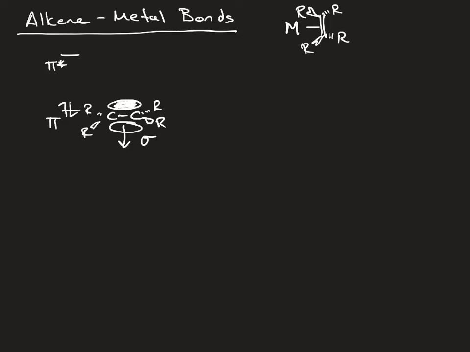Contrast the pi star, which looks like this, will accept electron density, back bonding in a pi type fashion.